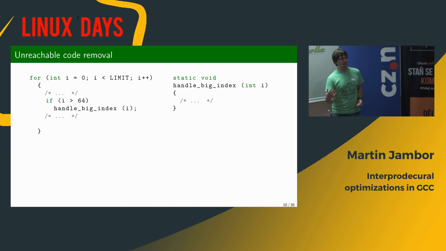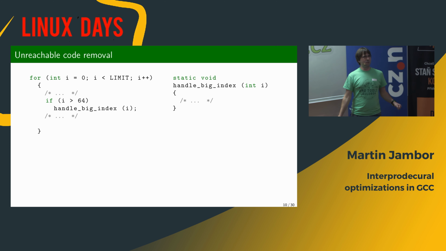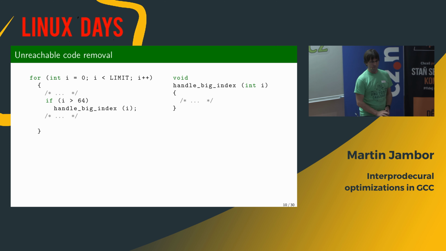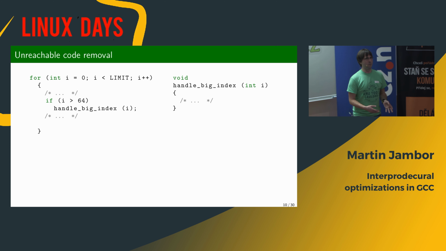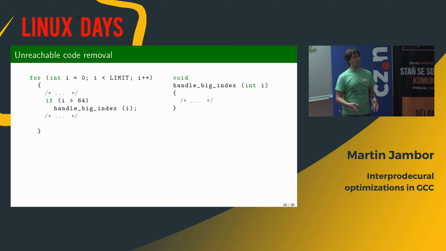Without LTO, if you diligently marked your handle_big_index function as static, this function can disappear. With LTO, because of symbol promotion, even if you forgot to mark it as static, or you didn't do it deliberately because in some other uses this function could be called, for example, in some other project, in this particular project it is only called once.